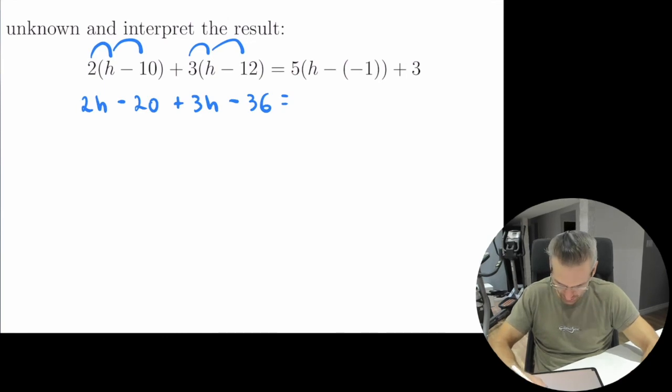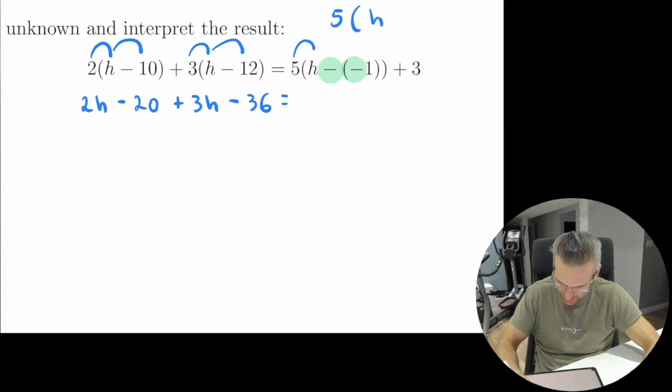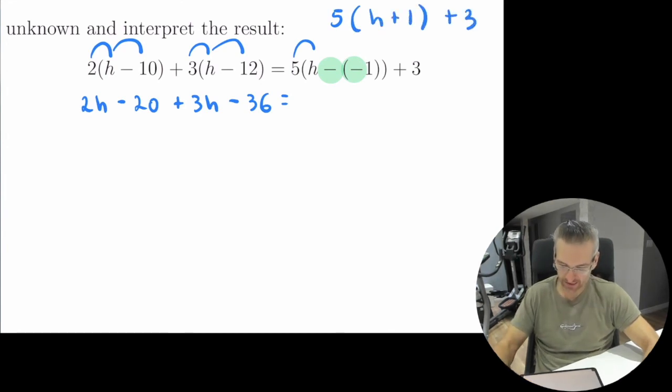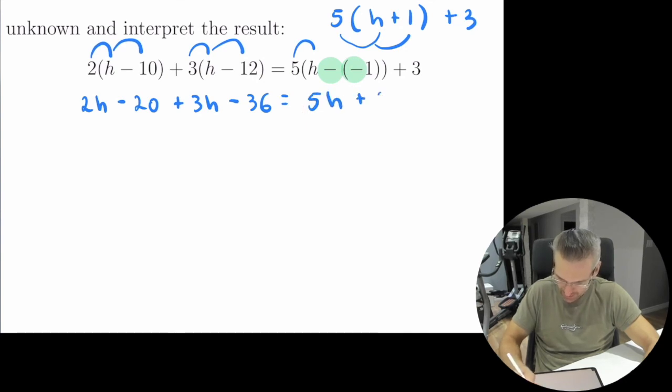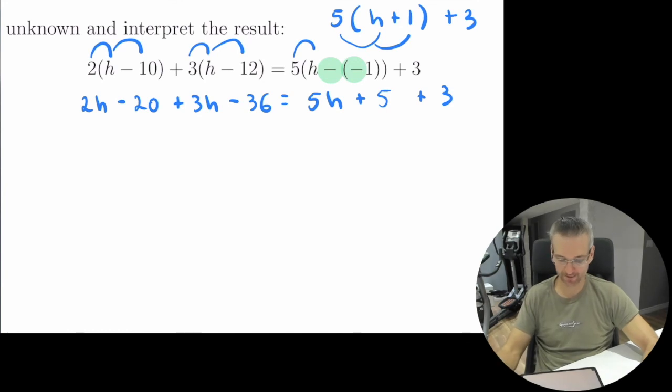And I will now take this. I can distribute this across, but notice, before I do that, I have a negative and a negative. So this right here is basically 5 times h plus 1, plus 3. That's what that equals on the right-hand side. If I'm distributing across, I will get 5h plus 5, and then that remaining 3 right there.